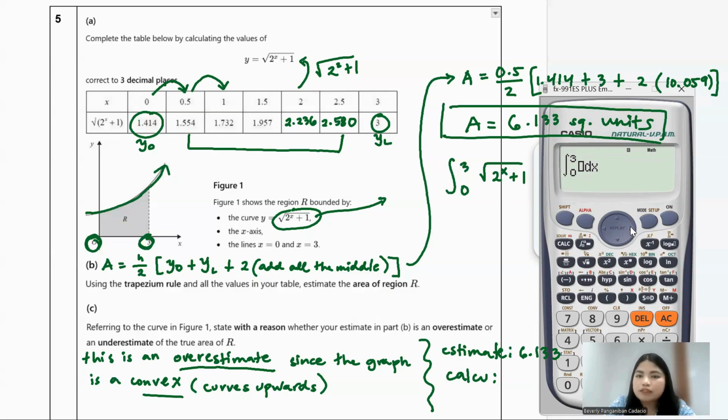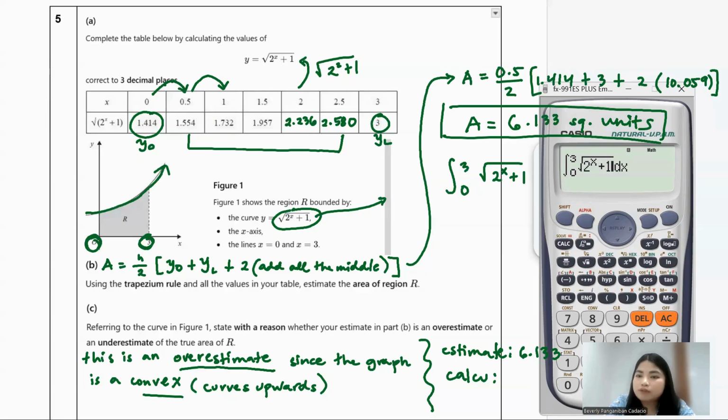Then I put in the function, starting with root 2, root 2 raised to your x. The x is the red x, which you get from alpha x or the parenthesis key there. Bring the cursor down and then plus 1.